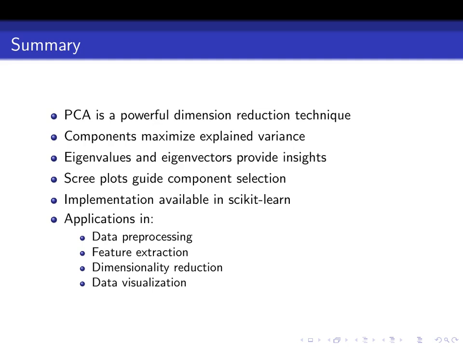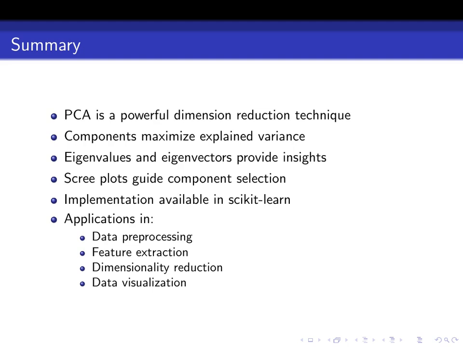To wrap up our discussion of principal component analysis, let's review the key points. PCA is a powerful technique for reducing dimensionality while preserving important information in your data. The components are organized to maximize explained variance, with eigenvalues and eigenvectors providing crucial insights into your data's structure.